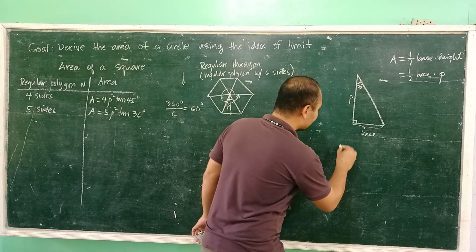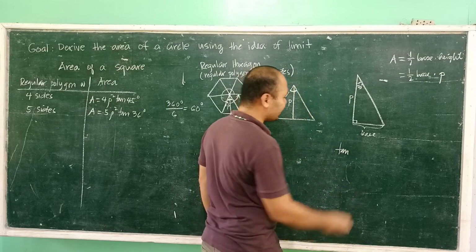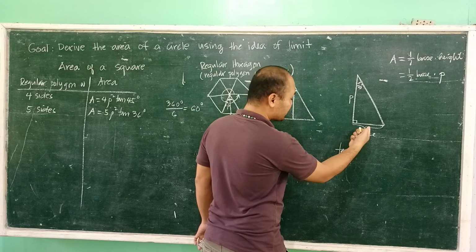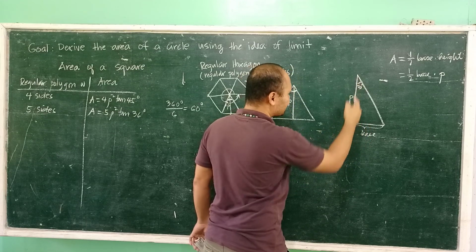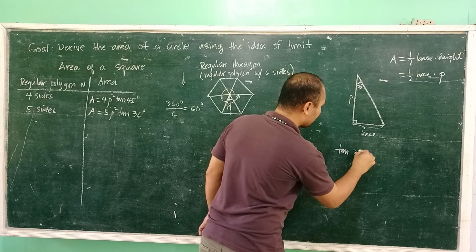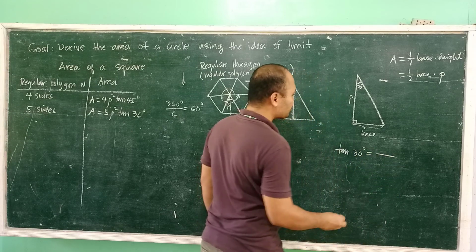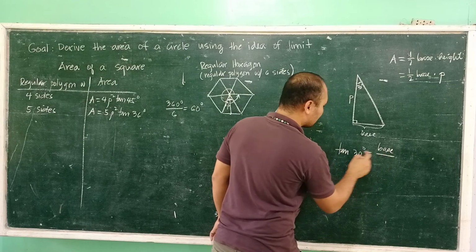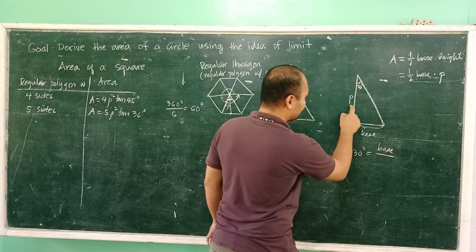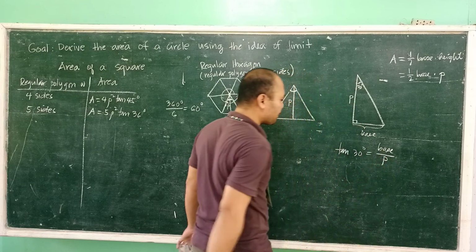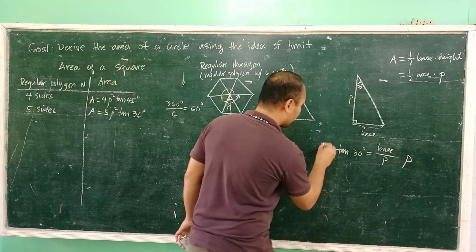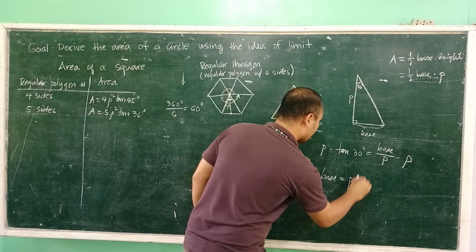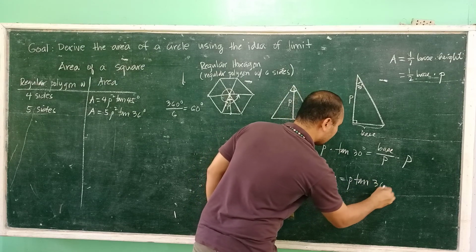So, using the tangent function, why do we use tangent again? Because we are solving for the opposite side, given the adjacent. So we have tangent 30 degrees equal to opposite over adjacent, which is base over p. The adjacent side is p. So multiply both sides by p, and you have base is equal to p tangent 30 degrees.